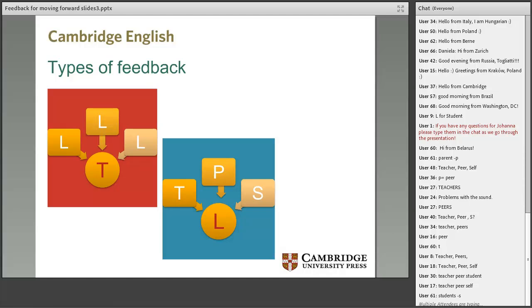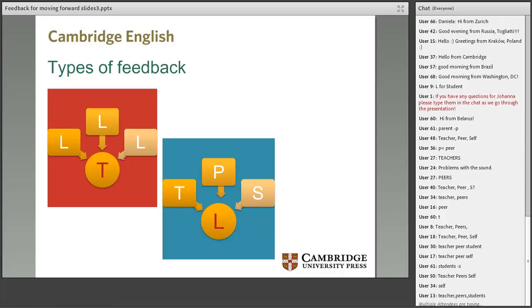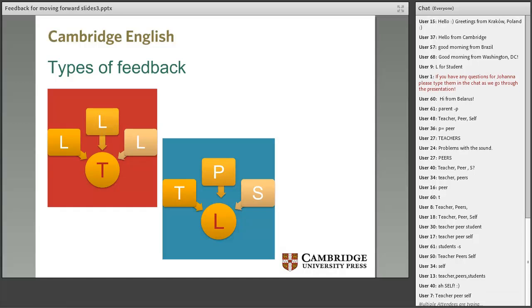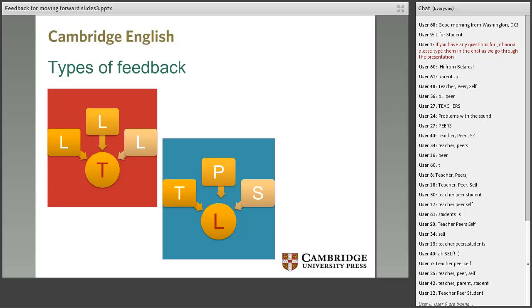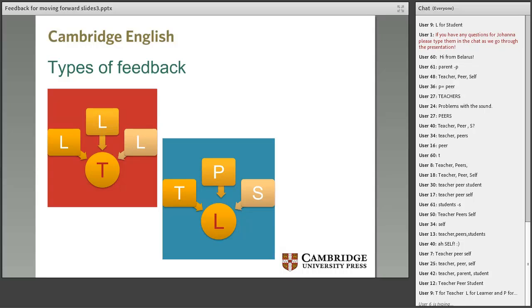Okay, I think the first person to get all three right, as far as I can see, is Alexei. That's right, we're talking about teacher, peer, and self. Okay, and we'll come back to that later, but different ways of giving feedback to learners.